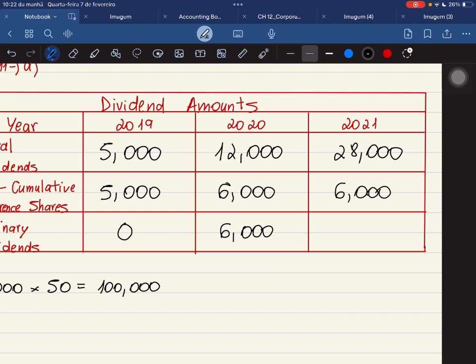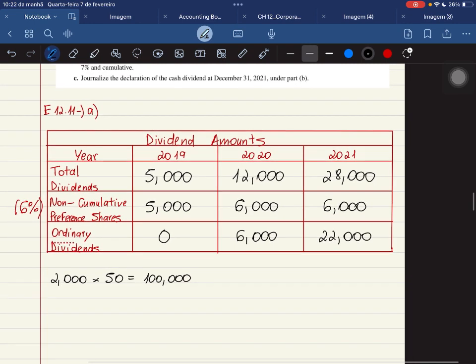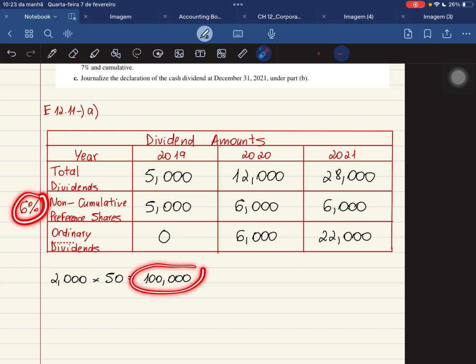And then 28,000 minus 6,000, that gives you 22,000 for the ordinary shares. So preference shares, regardless of what the amount is, you see over here we have 5,000, over here we have 28,000. This is the only case that it would be less, simply because we don't have 6,000, but for the rest of it, it would keep on being whatever value you get when you multiply this number by the rate.